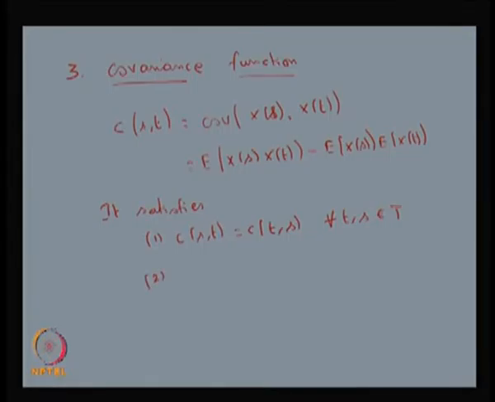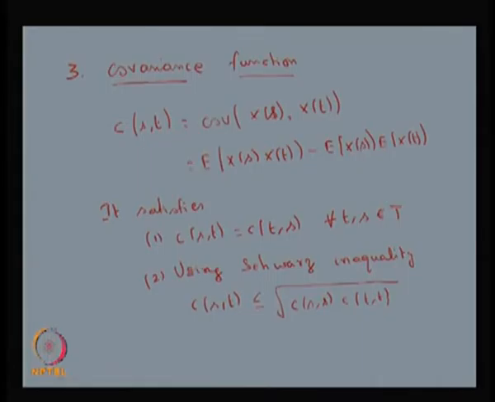The second property, using the Schwarz inequality, you are always able to say the upper bound is going to be C of s comma s and C of t comma t. This exists because the second order moments are finite.